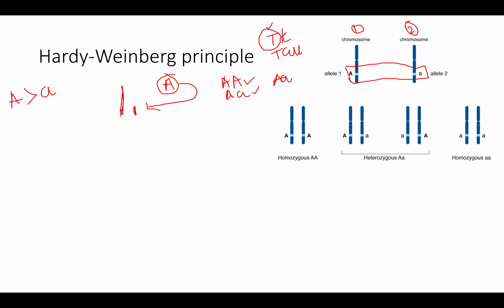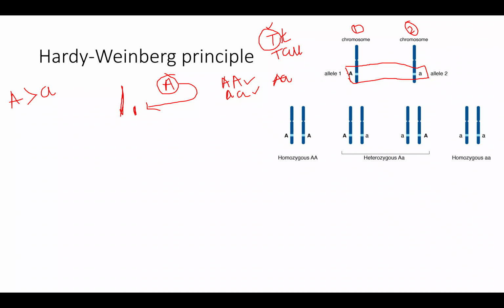So what is this capital A? What is the small a? It is the occurrence of a gene in the chromosome. As I said, gene A is responsible for the height. What is a gene? A gene is a part of the DNA.